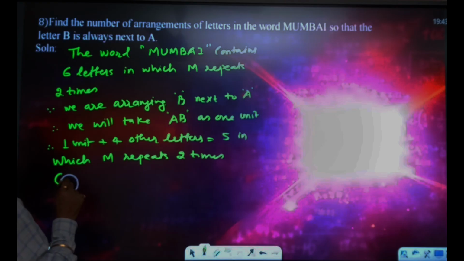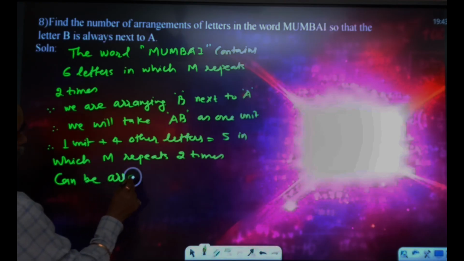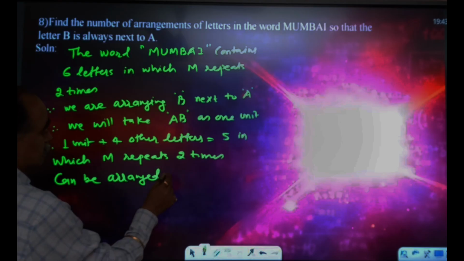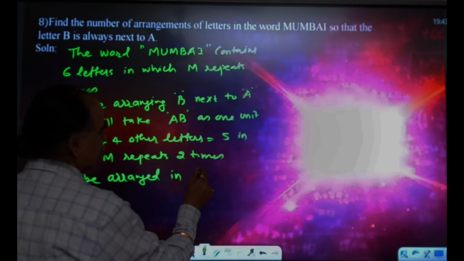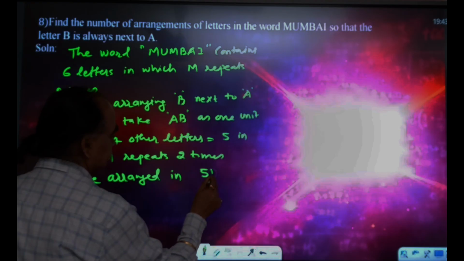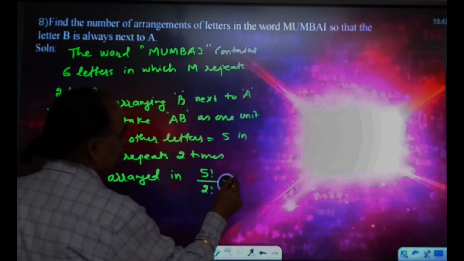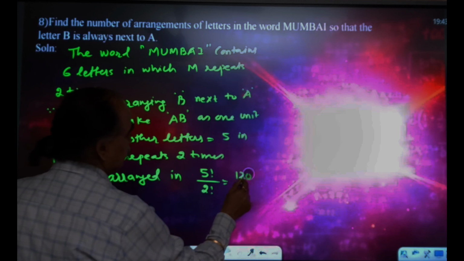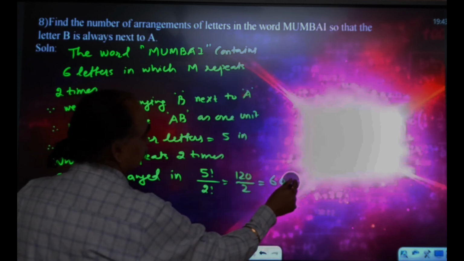This can be arranged in 5 factorial divided by 2 factorial, 120 divided by 2, 60 ways.